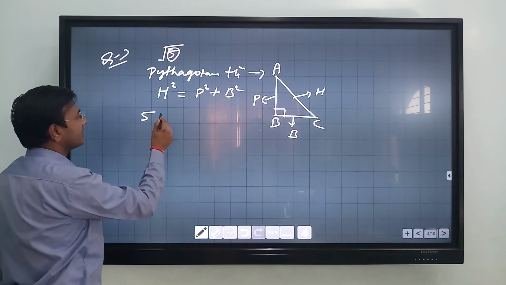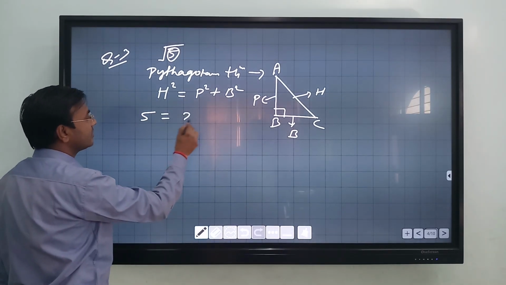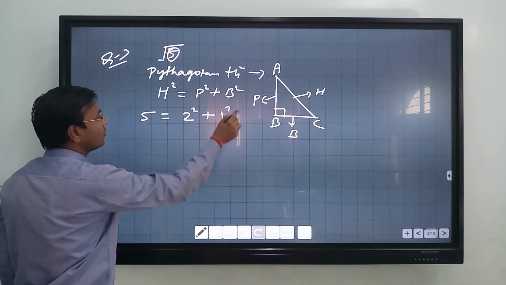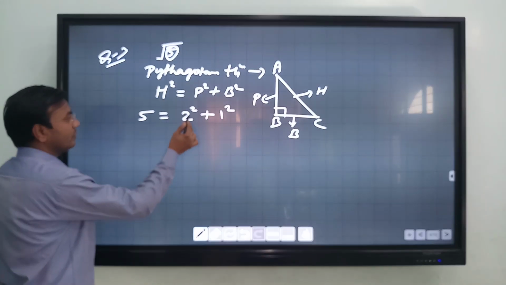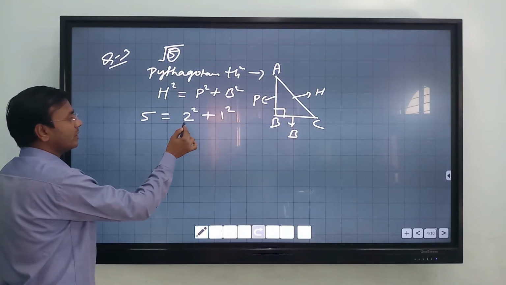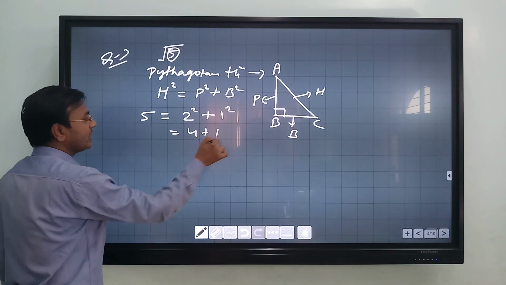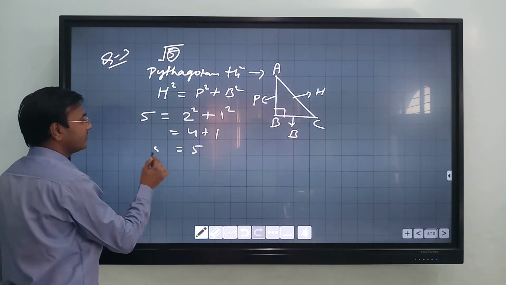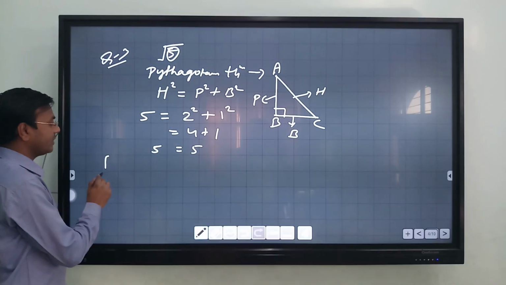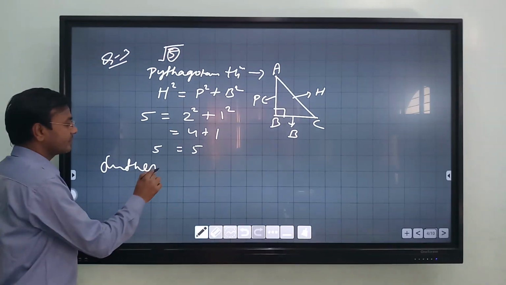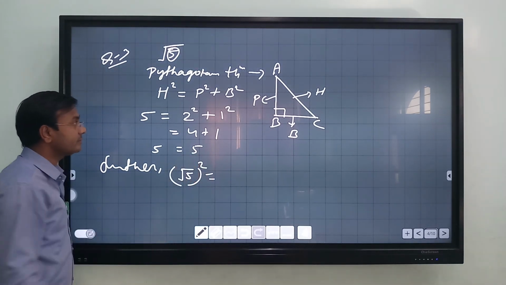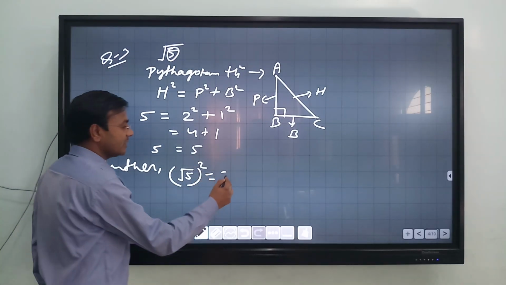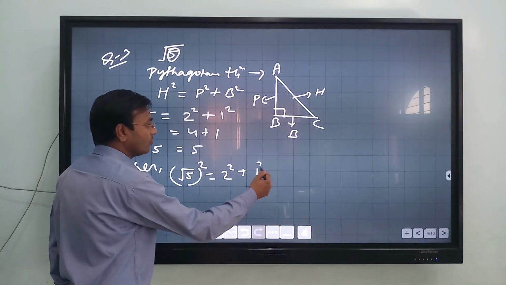So see, this 5 can be written as 2 square plus 1 square, right? Because 2 square is 4 and 1 square is 1, that is 5. 5 equals 5. So further we can say under root 5 whole square, which gives 5 only, is equal to 2 square plus 1 square.